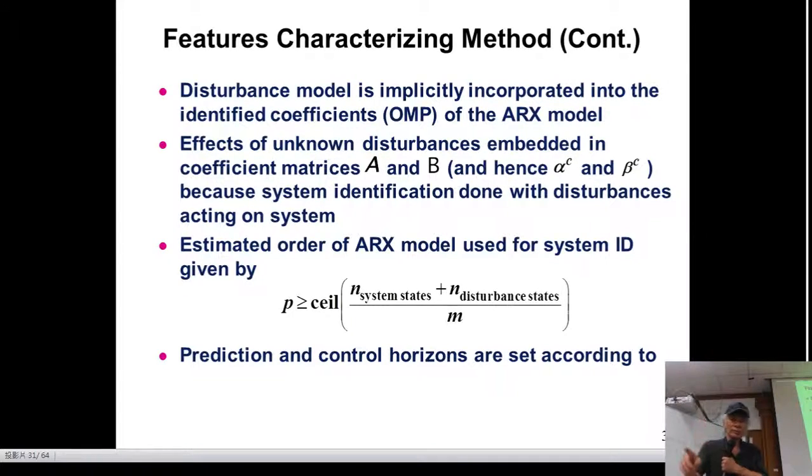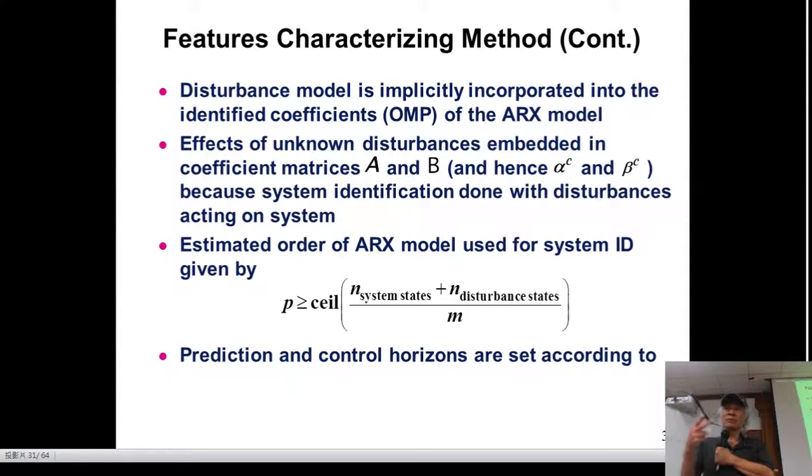So in your homework, n equals 2, the disturbance state equals 0, and m equals 1. So 2 divided by 1 is 2. As long as you pick p larger than or equal to 2, that's enough. You can pick 2, 3, 4, or 5, but 2 is the minimum.